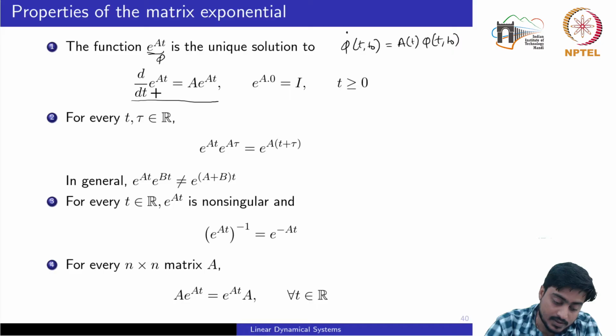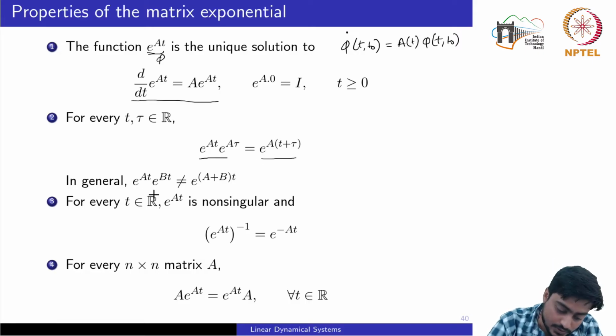Again, for every t comma tau belonging to R, we can write the multiplication of the matrix exponentials at t and at tau as the matrix exponential at t plus tau.